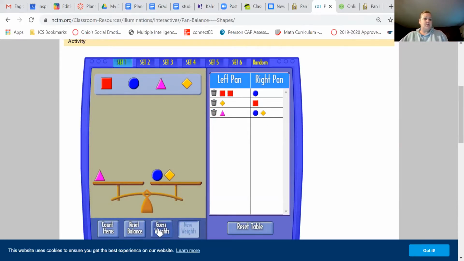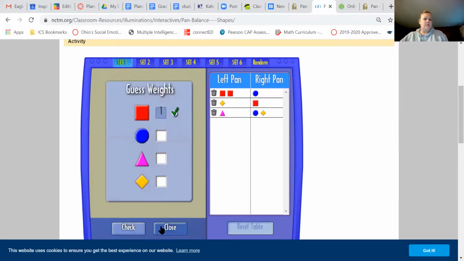So let's see if we guessed our weights. We have a square, the circle, so this is the lightest.